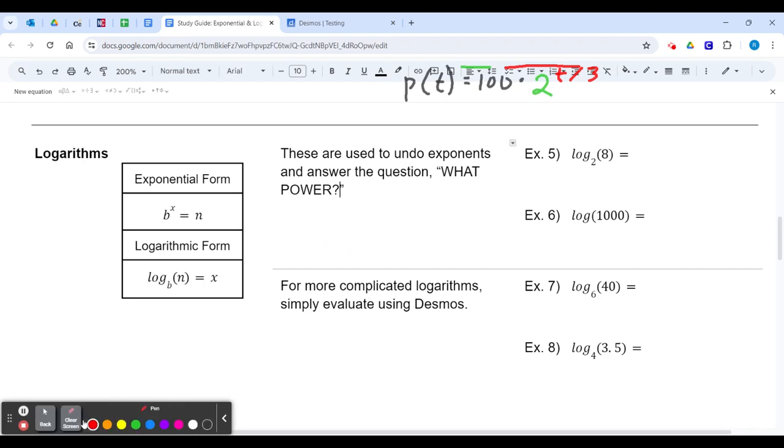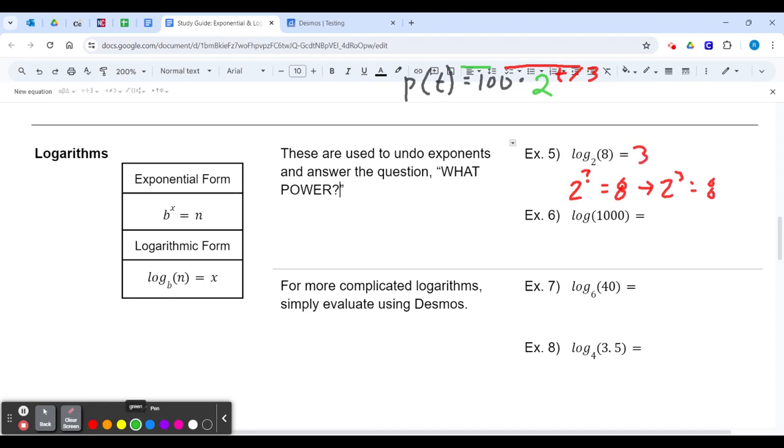So we evaluated these 2 different ways. In more manual problems, we're able to say, hey, take this base 2, raise it to some power, question mark, equals 8. 2 to the third power is what equals 8. And so my log base 2 of 8 is 3.